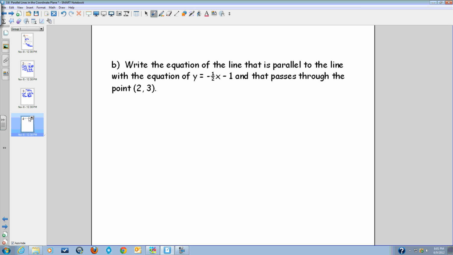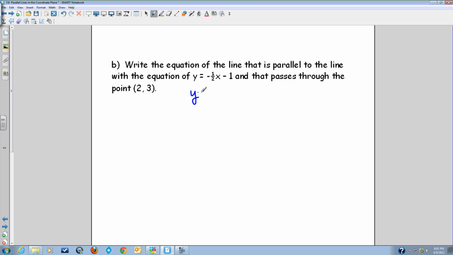Let's move on to the next page. It says write the equation of the line that is parallel to the line with the equation of y equals negative 1/2 x minus 1, and that passes through the point (2, 3). Notice the equation of this line is in the form y equals mx plus b.